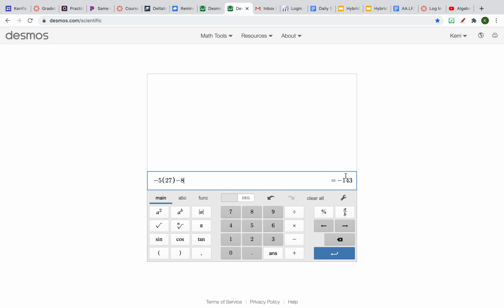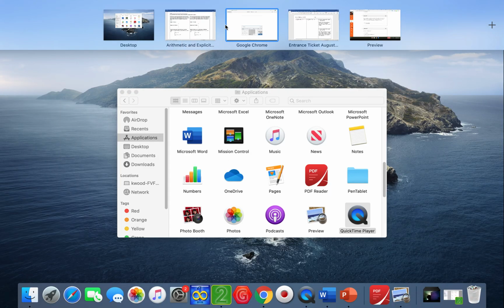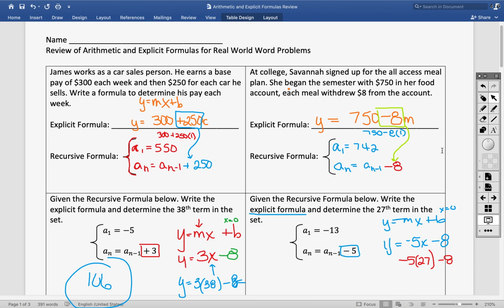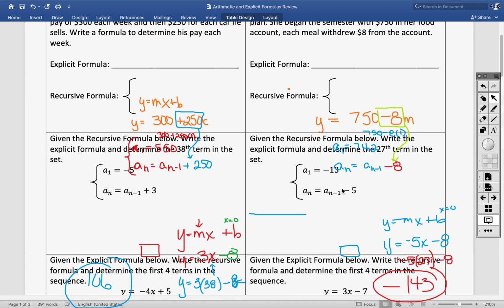And it becomes a negative 143. That's it. So what is the 27th term in the set? Negative 143. Okay.